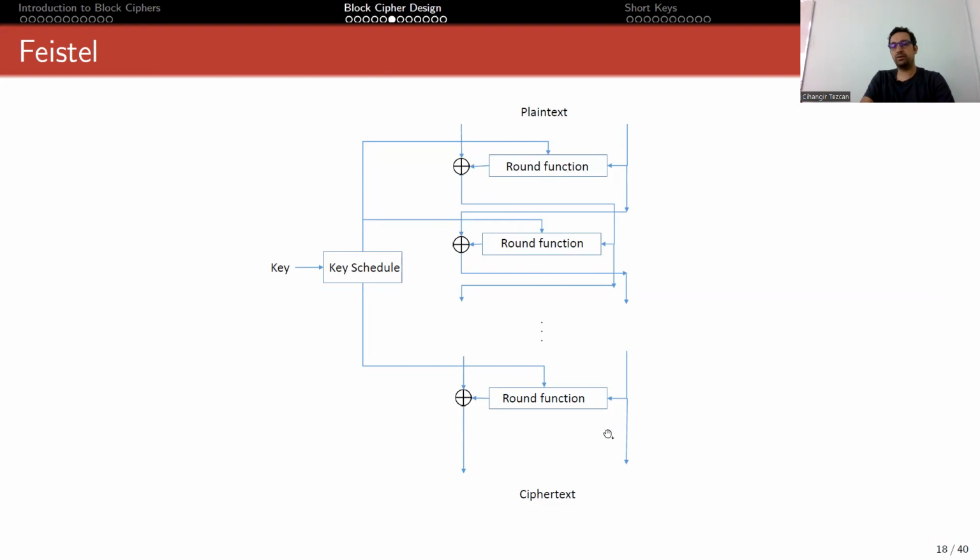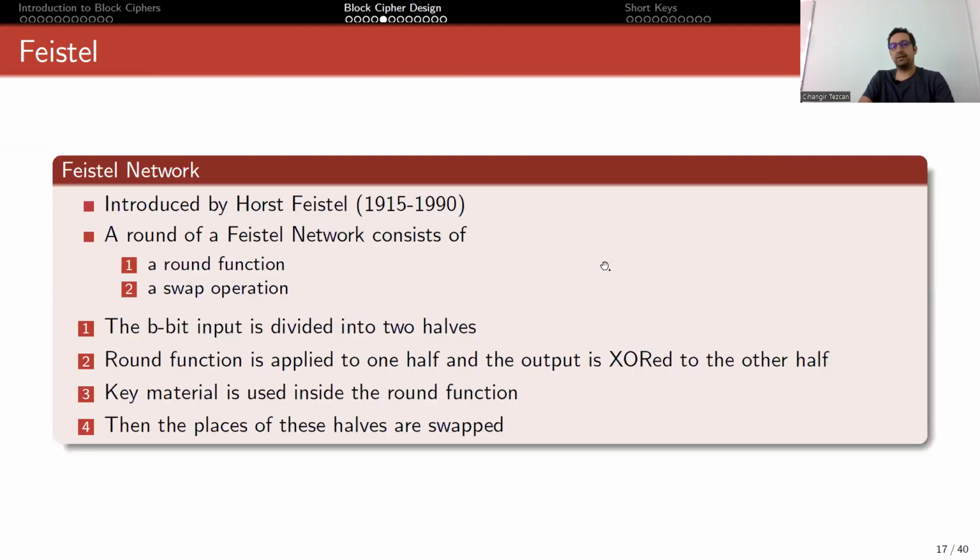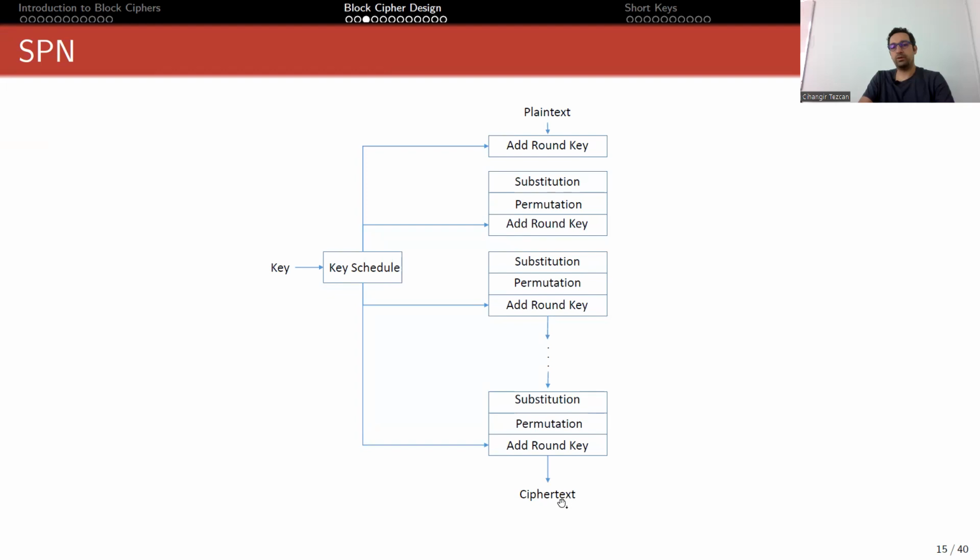At the end, generally, we don't do the swap operation because it doesn't provide any security, right? It is just a waste of operation. But this has a good advantage, because in SPN ciphers, in order to decrypt, you need the inverses of these operations.